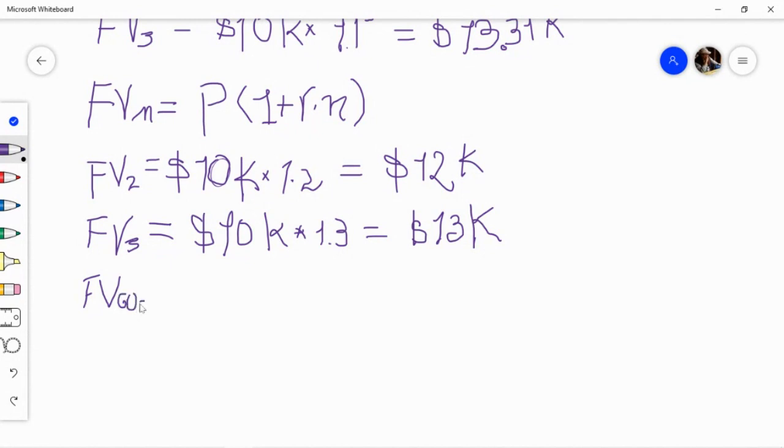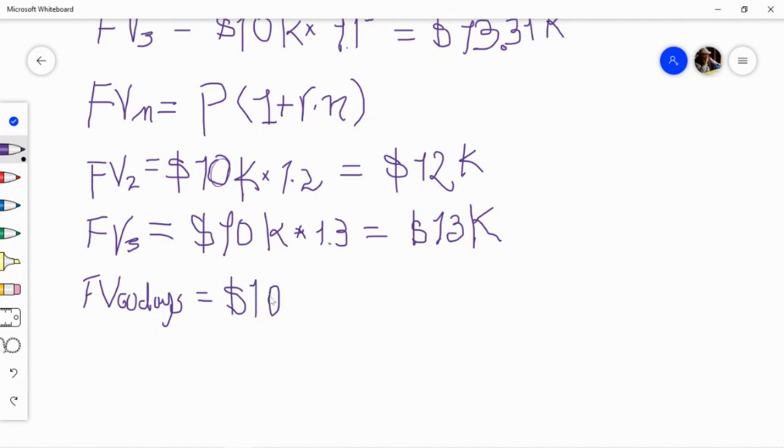Let's make it 60 days. You have to make it clear that it is days.